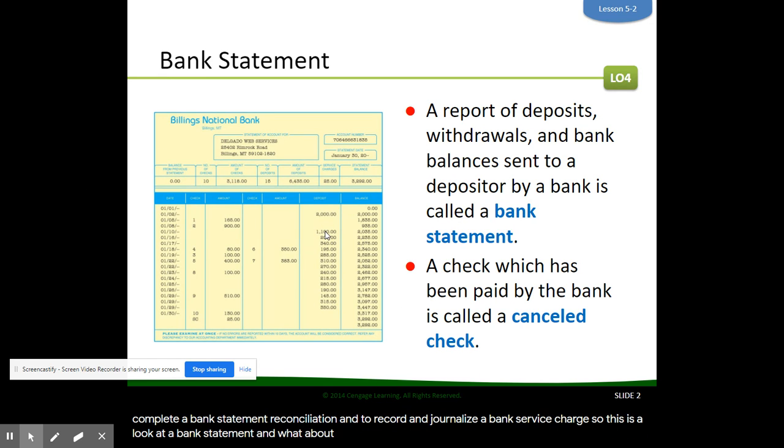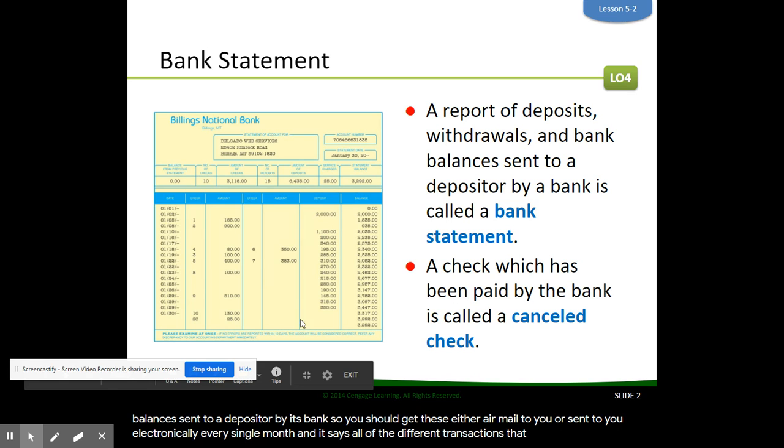And a bank statement is a report of all the deposits, withdrawals, and bank balances sent to a depositor by its bank. So, you should get these either mailed to you or sent to you electronically every single month. And it says all of the different transactions that occurred as per the bank.